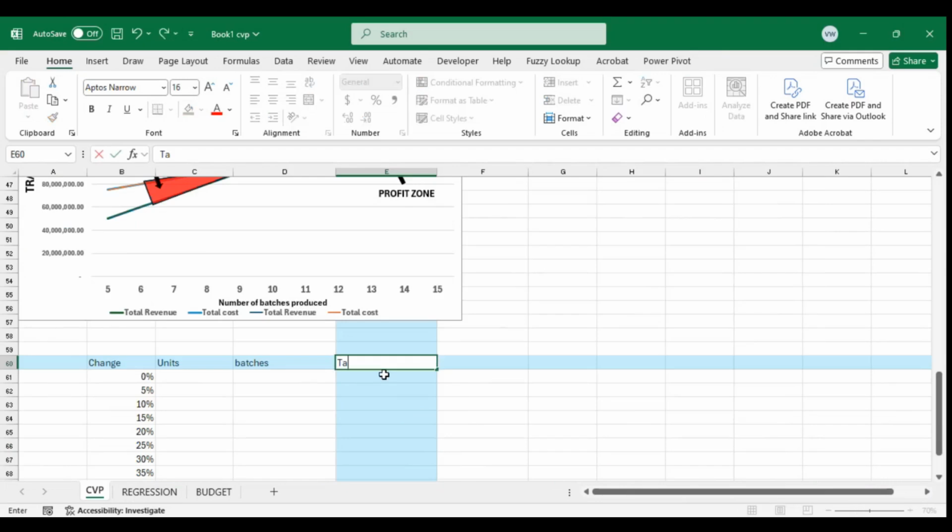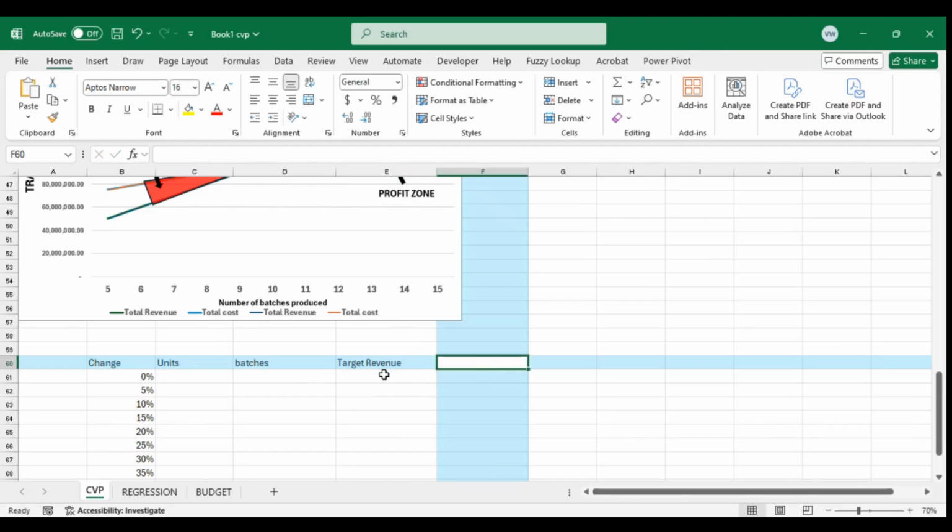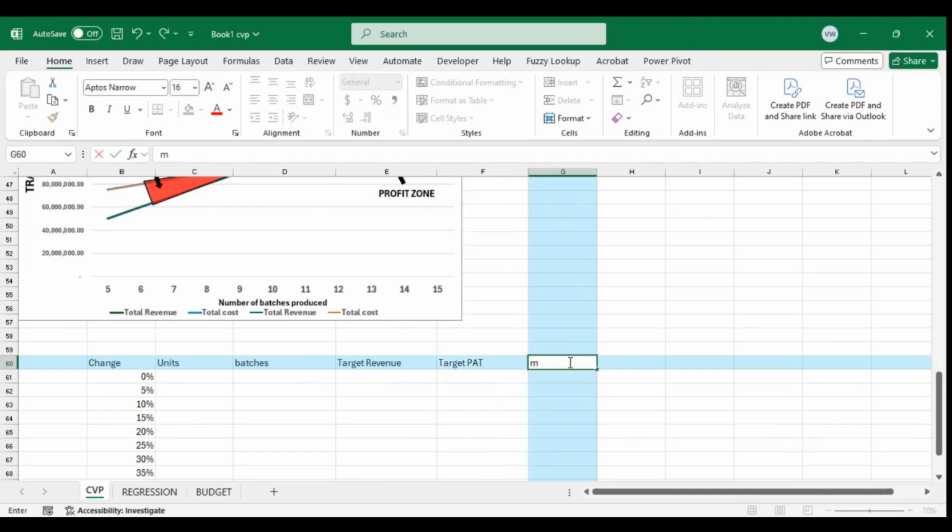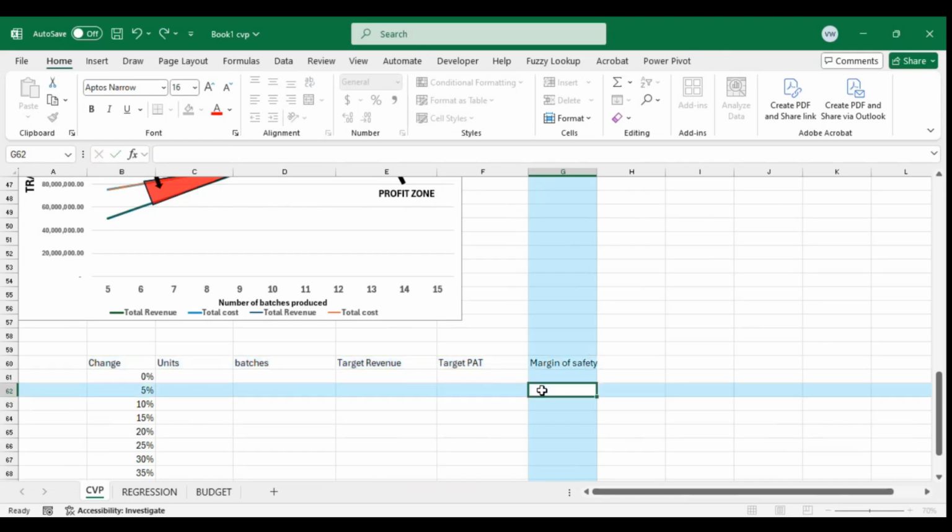So we need to get the target revenue, the target profit after tax, and the margin of safety. Remember, we mentioned margin of safety in our brief introduction class to CVP analysis.